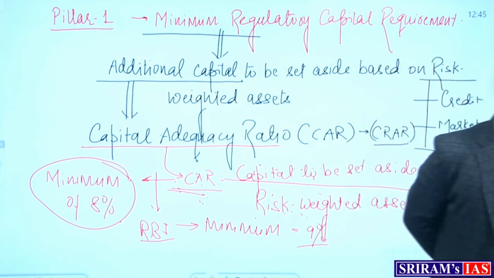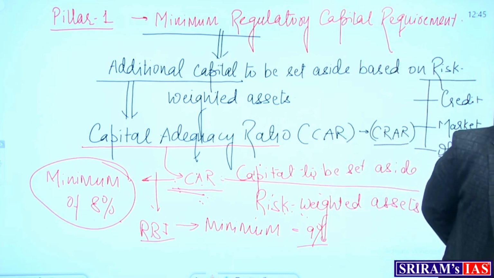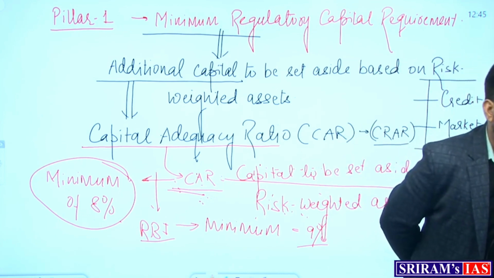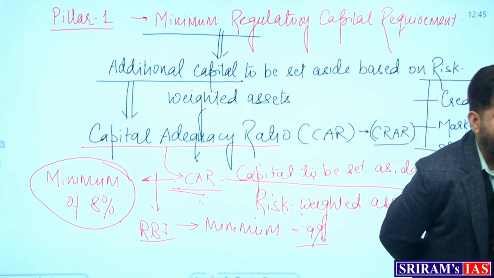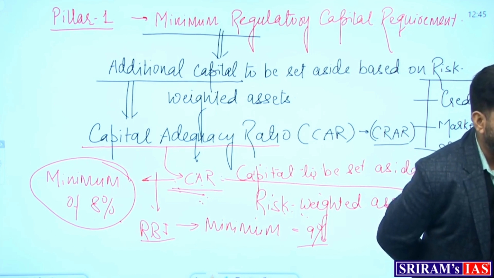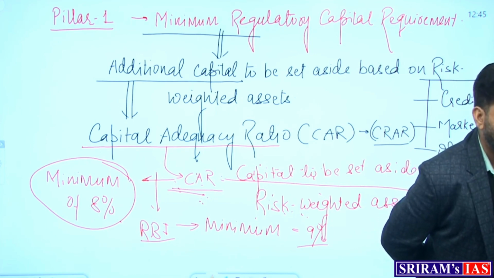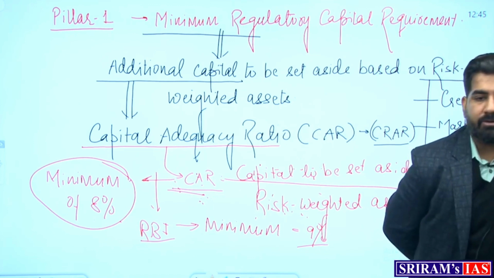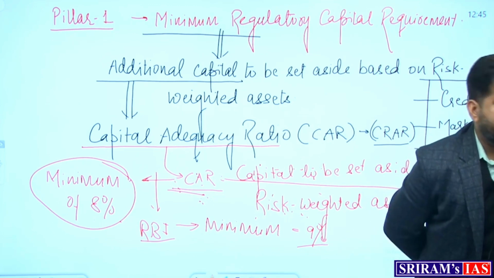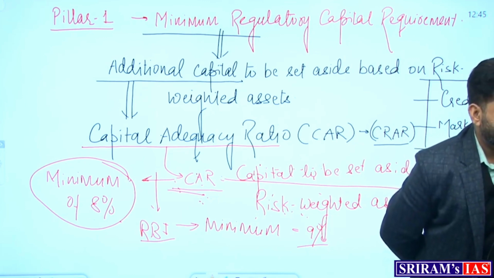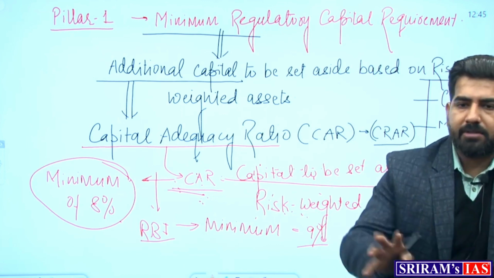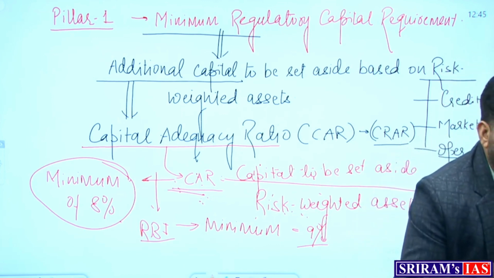So let me tell you again. CAR ensures that capital is set aside which cannot be undertaken for lending, and thus banks have enough room or capital to take a reasonable amount of losses before they become insolvent.